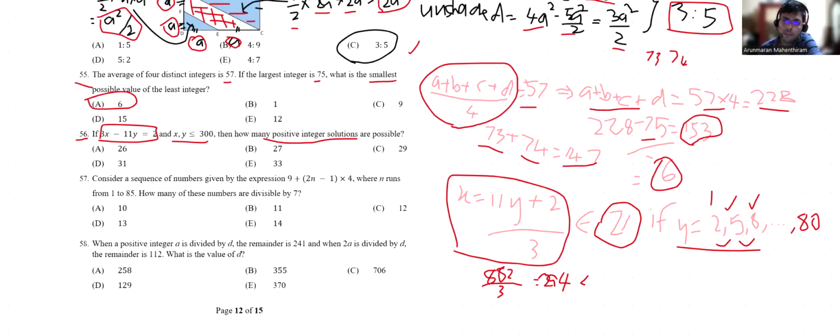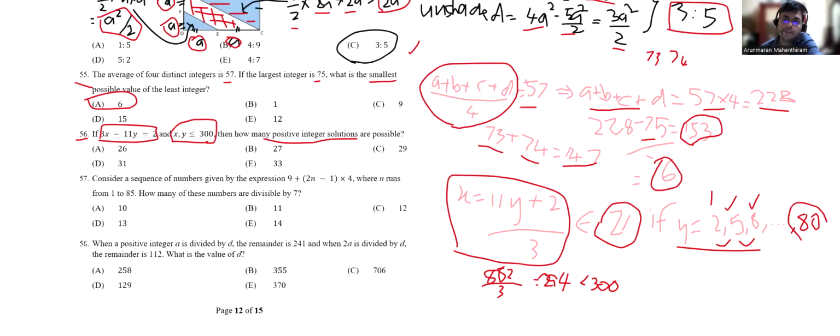When we put 81, that is not divisible by 3. Similarly, when we put 82, that is bigger than 300. According to our question, x times y should be smaller than or equal to 300. So the highest value of y is 80.